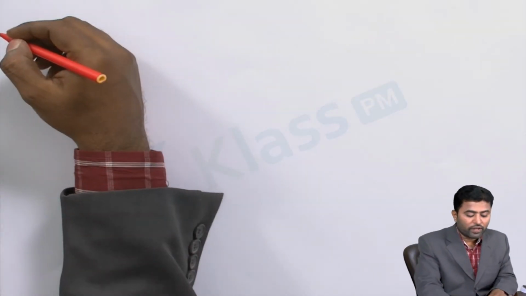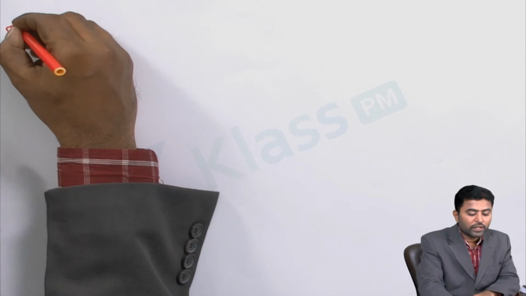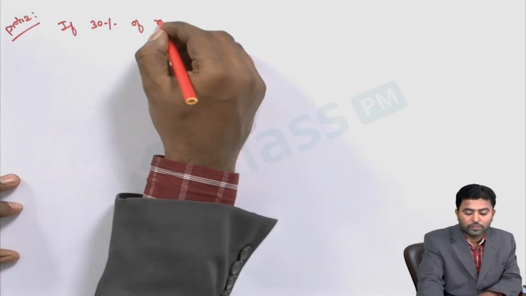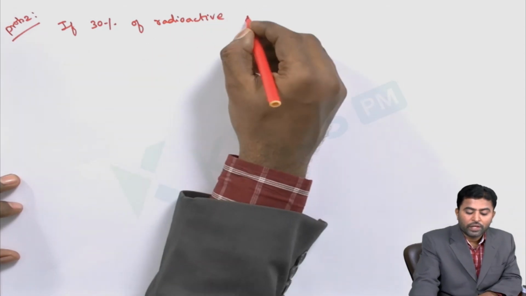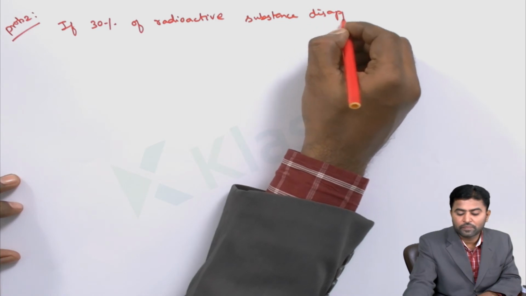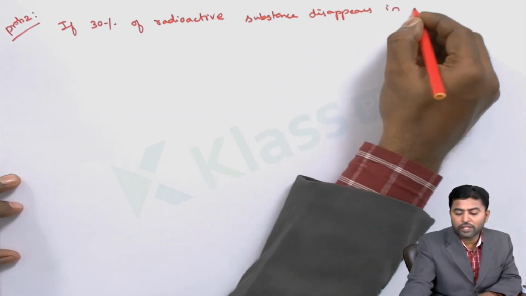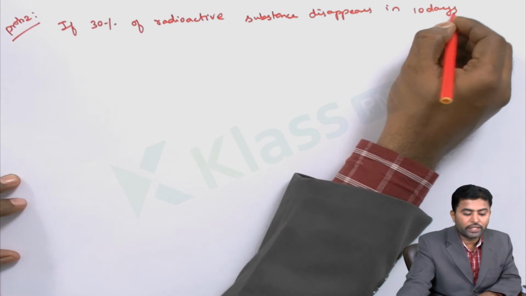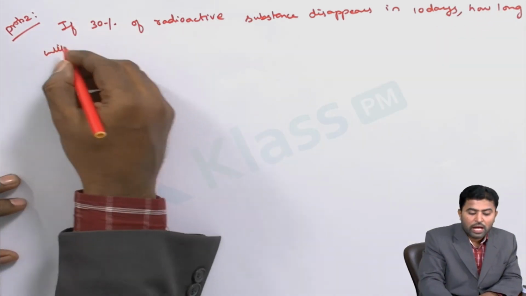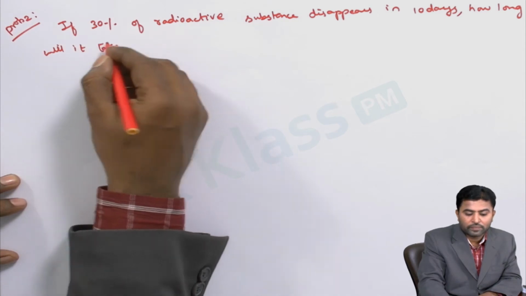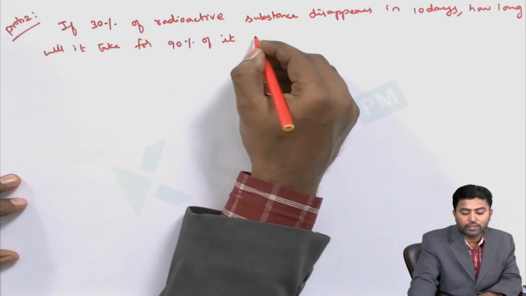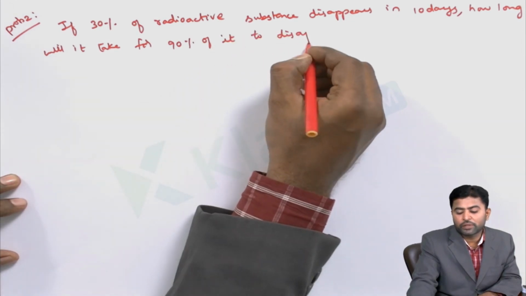Now we'll see one more problem on decay. Problem 2: If 30% of a radioactive substance disappears in 10 days, how long will it take for 90% of it to disappear?